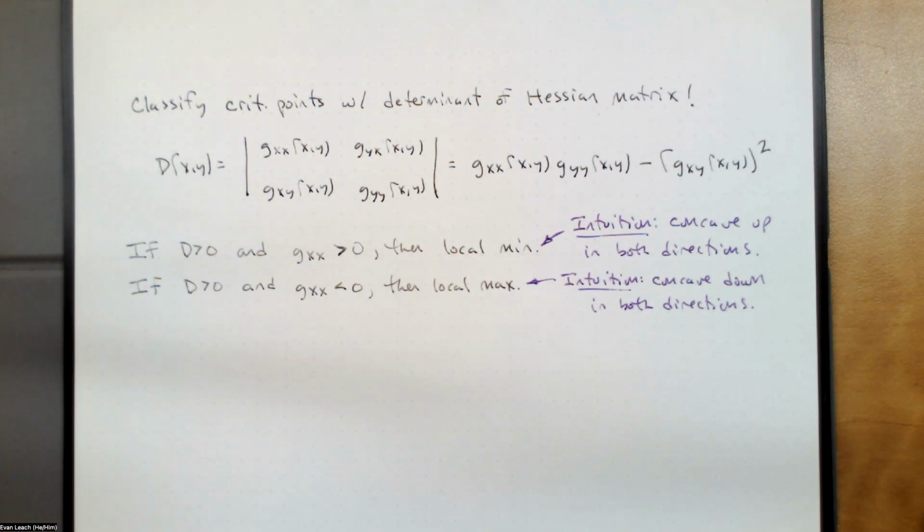If this D function is negative, then we can conclude it's a saddle point.